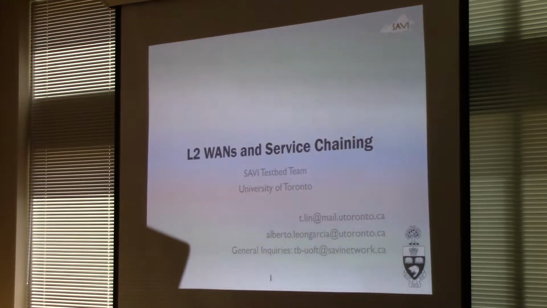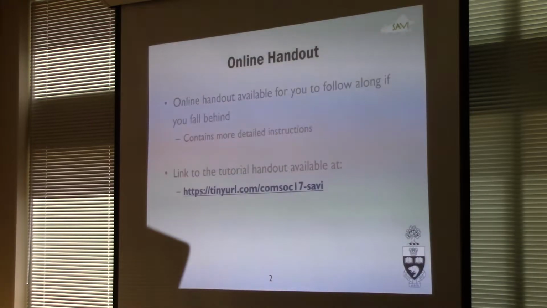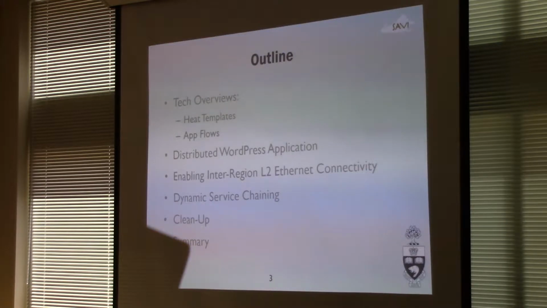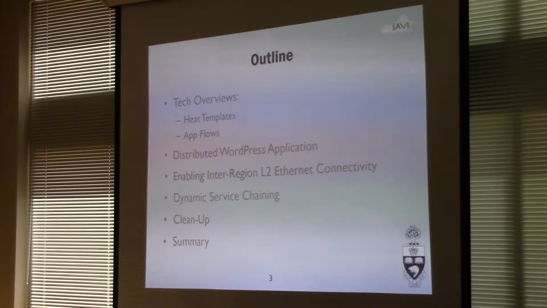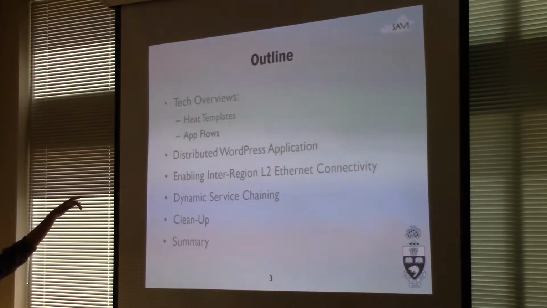You'll see. Again, the online handout is here, which I believe you all have open. Here is a quick outline of this section. Before going into the application deployment, I'll talk very briefly about Heat templates. Those of you who have used Amazon may know its equivalent, CloudFormation.